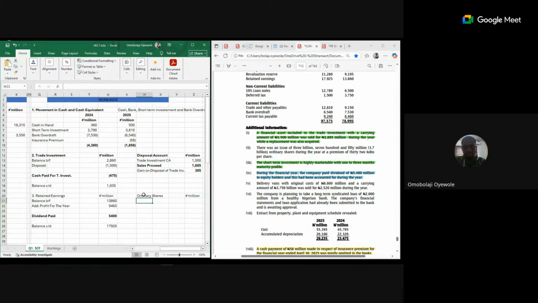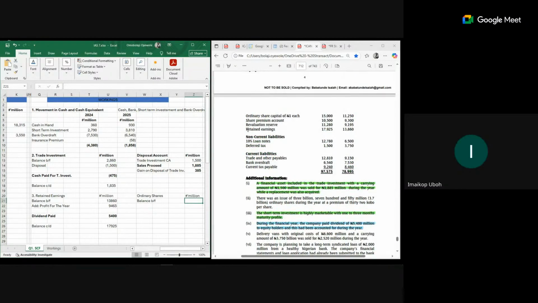Let's check the opening balance. The opening balance of ordinary shares is 11,250. Now the closing balance carried down of ordinary shares is 15,000. The difference must give us that 3,750,000. So let's check. Equal to this minus this, what is it?